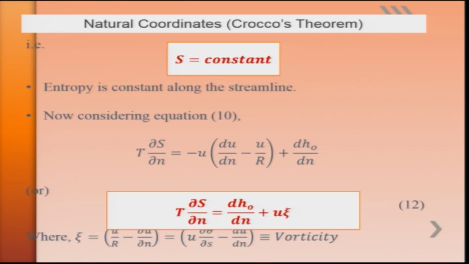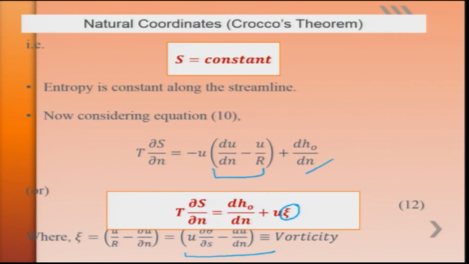Whereas from equation number 10, we can write T del s by del n is equal to minus u del u by del n minus u by r plus dH naught by dn. I can give this expression another variable xi, and then T del s by del n can be written as dH naught by dn plus u xi, where xi is the vorticity, which can be written as u by r minus del u by del n, and further as del theta by del s minus du by dn.